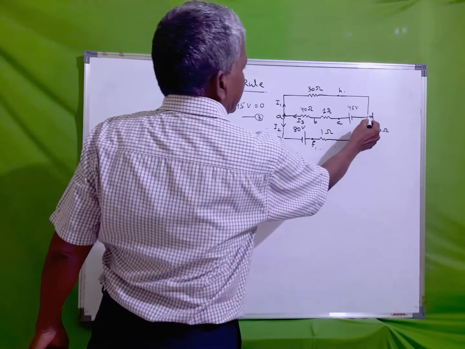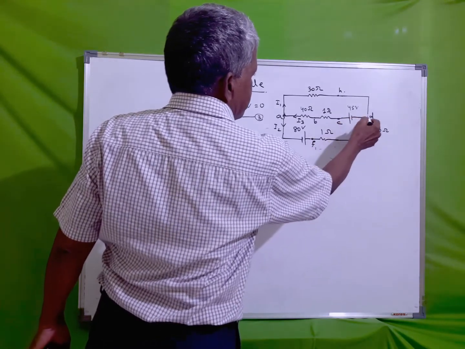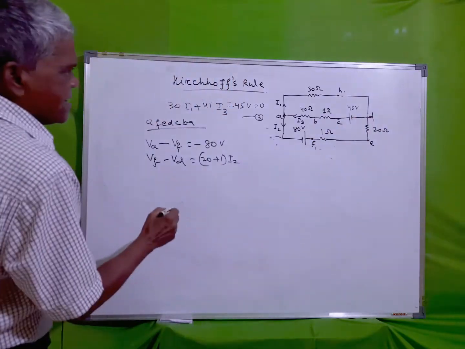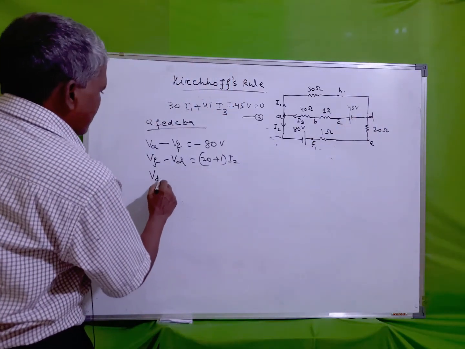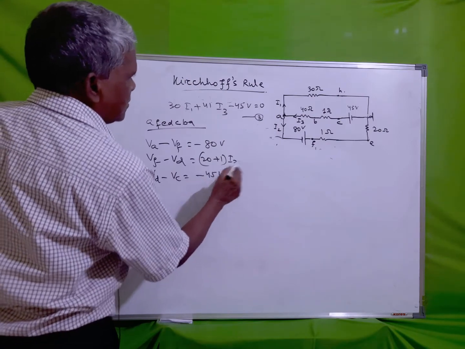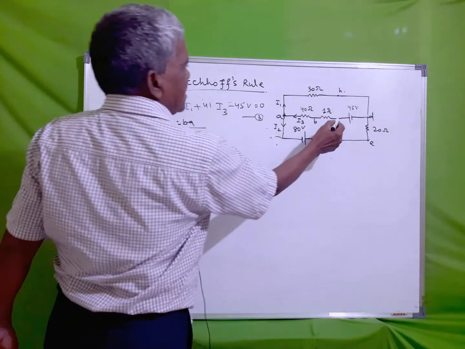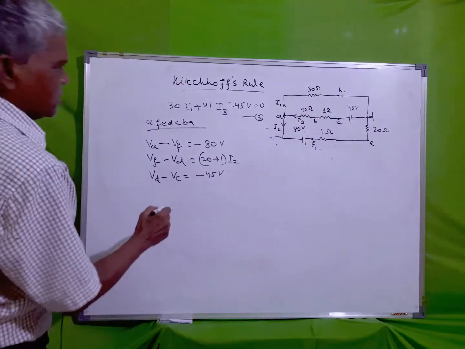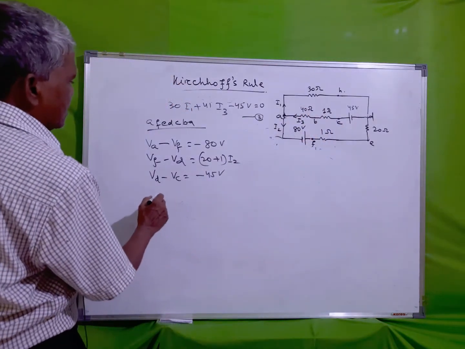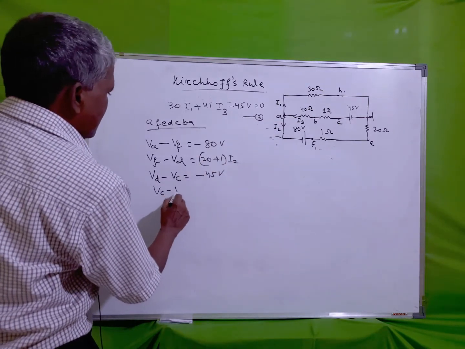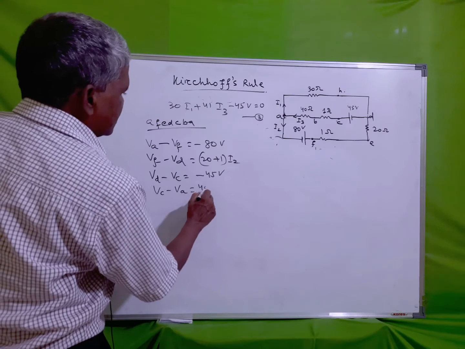Now from D to C, negative means lower potential, positive means higher potential. So VD minus VC is equal to minus 45 volt. Again from C to A, the current is the same, there are 2 resistors. So VC minus VA is equal to 40 plus 1, 41 I3.